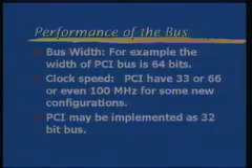The second point in the slide is the clock speed, and PCI has 33 or 66 or even 100 megahertz in some newer configurations. So this kind of performance you can expect in a PCI environment.